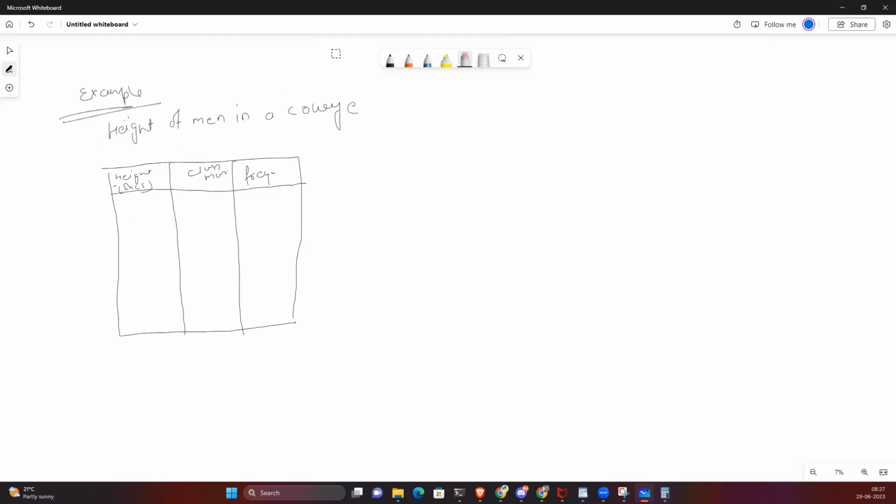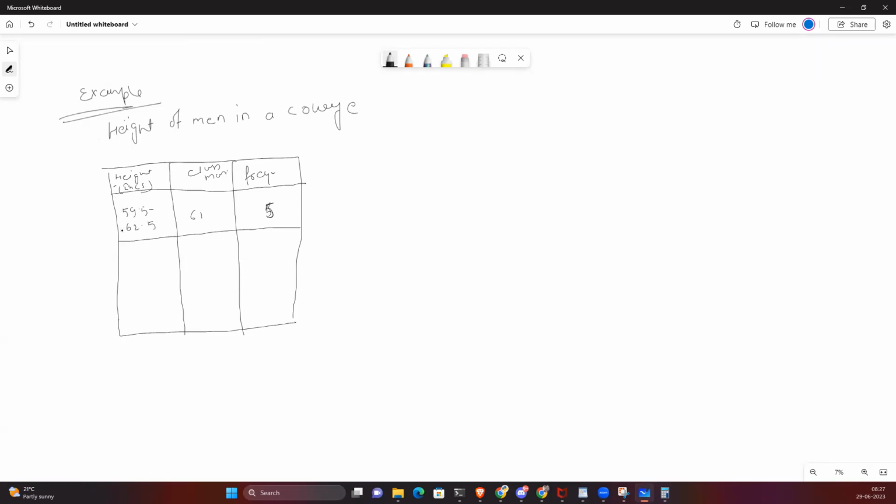Let's suppose we have 59.5 minus 62.5. The class mark is, let's suppose, 61, and the frequency is 5. This means five students fall between this height range.